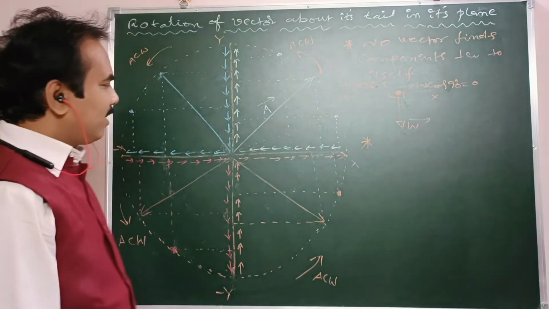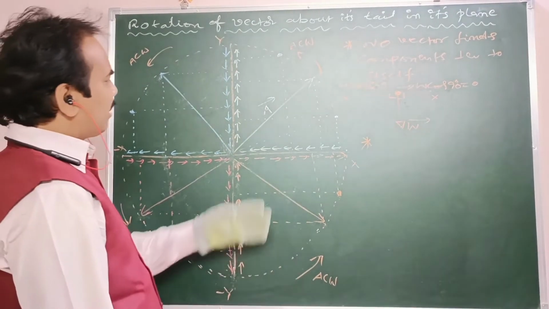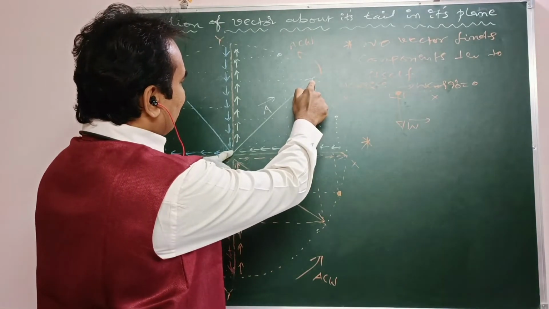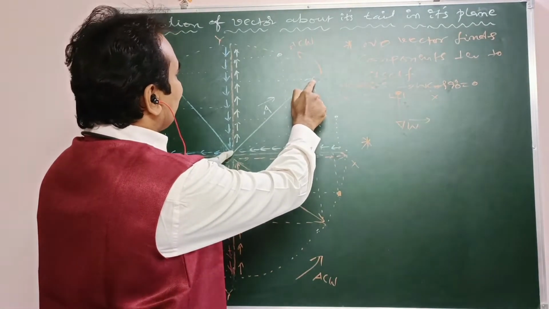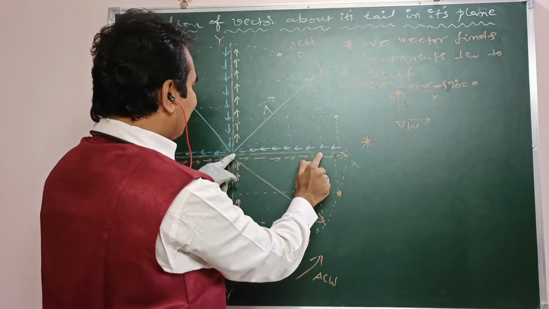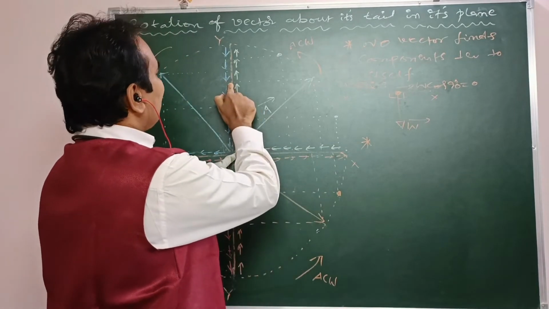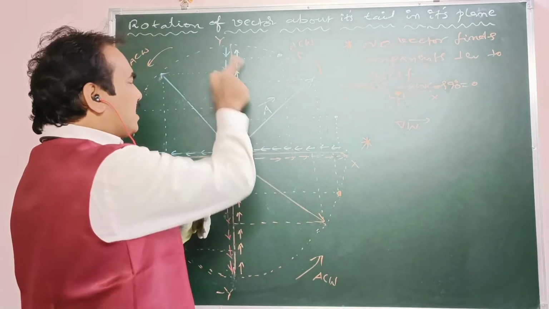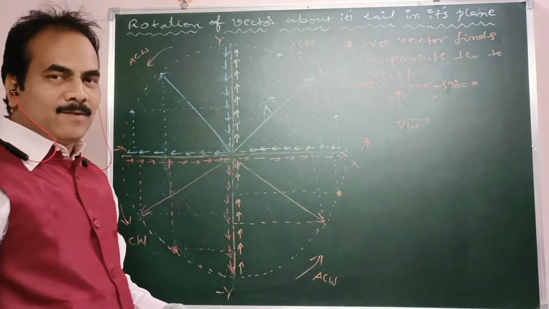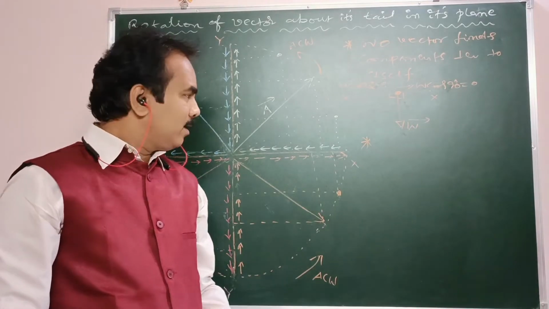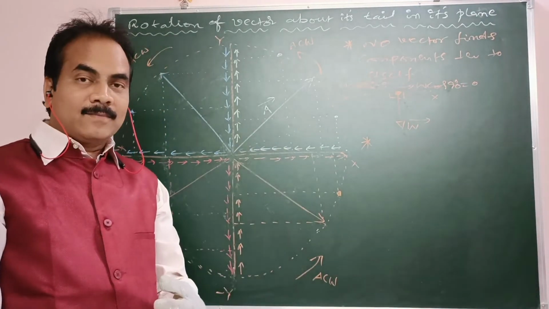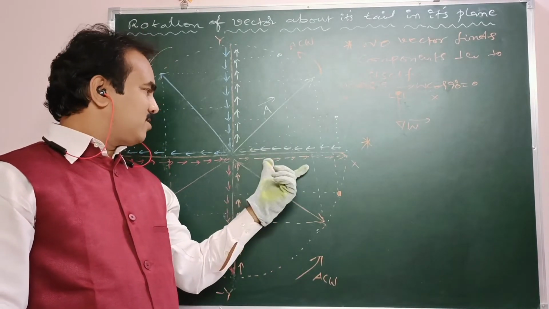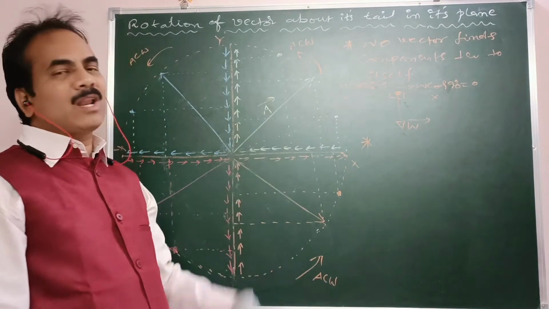What about the other point here? Suppose this is the vector. With that orientation, we came to know that this is the x component. This is the y component. When that vector is lying in the xy plane or yz plane or zx plane, whatever it may be, when a vector is lying in any plane, then its components must be less than the total magnitude.